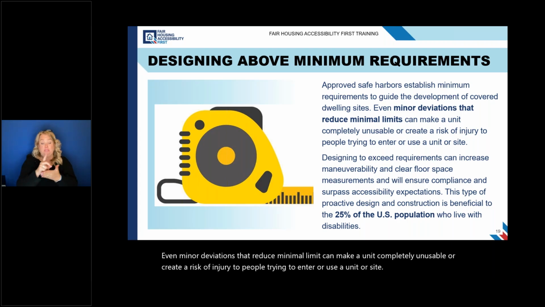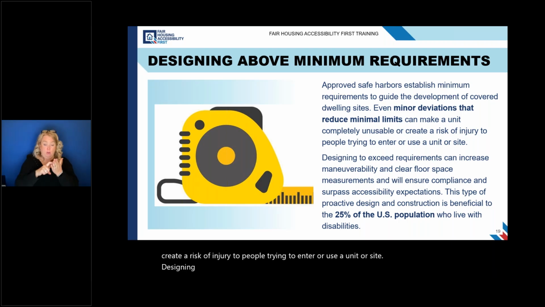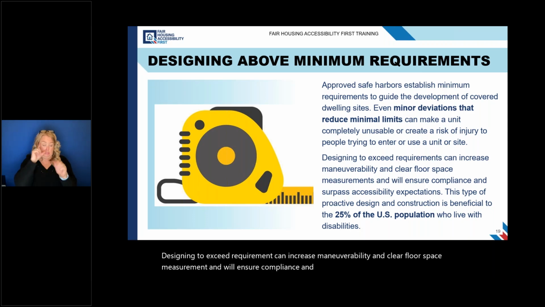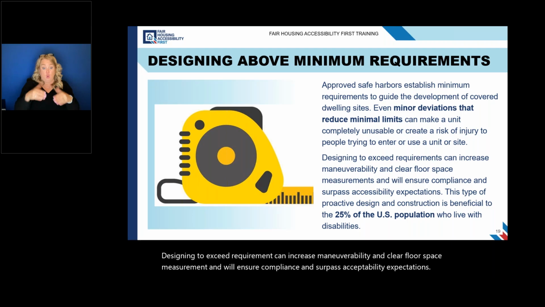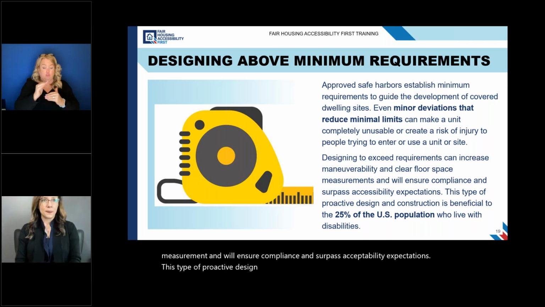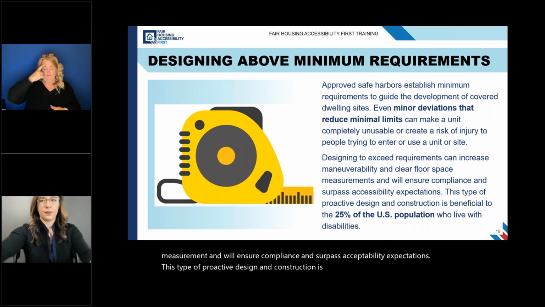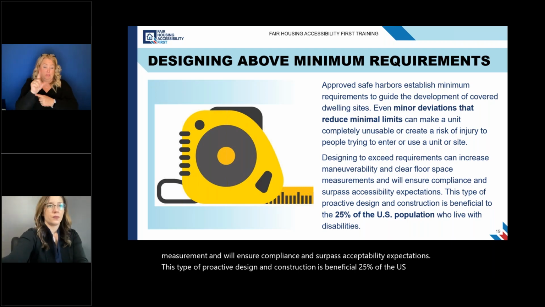Designing to exceed requirements can increase maneuverability and clear floor space measurements and will ensure compliance and surpass accessibility expectations. This type of proactive design and construction is beneficial to the 25% of the US population who live with disabilities.